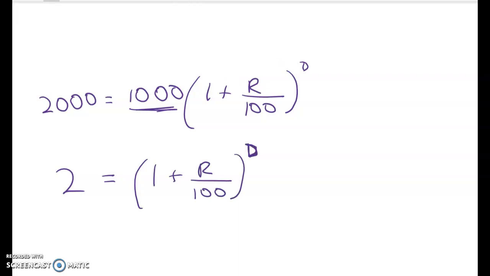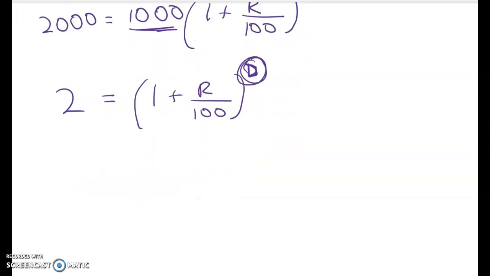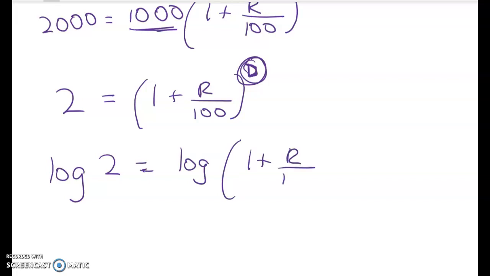D, not some weird trapezium. The next step that we need to take is to take logs of both sides, because at the moment this D is up in the power and we don't want that. So let's log both sides. We get log 2 is equal to the log of this.